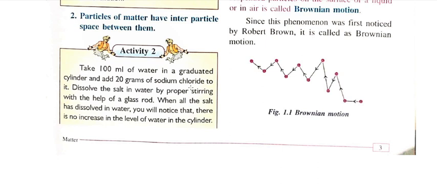Activity number 2. Take 100 ml of water in a graduated cylinder. A graduated cylinder is a cylinder in which measurements are written on the outer surface. Now add 20 grams of sodium chloride to it. Dissolve the salt in water by proper stirring with the help of a glass rod.